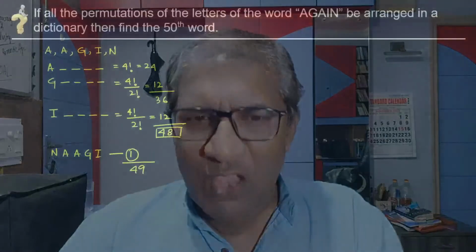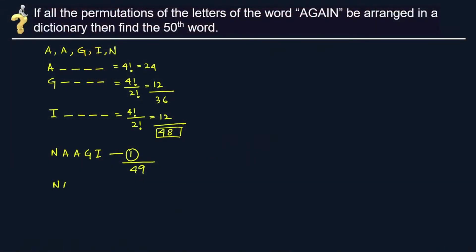Now the next word is the 50th word that we want to know. So now alphabetically N, A, A is there. So after A, alphabetically I will come. And then G will come. Is it clear? And this will be number 1, that gives us the 50th word.